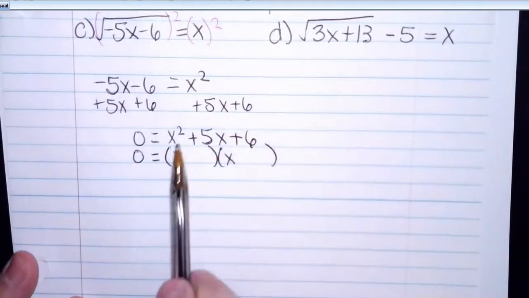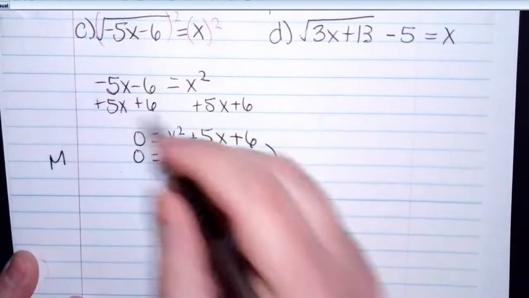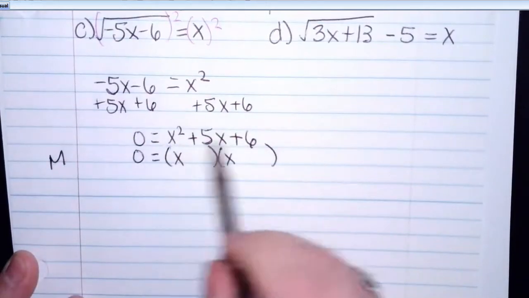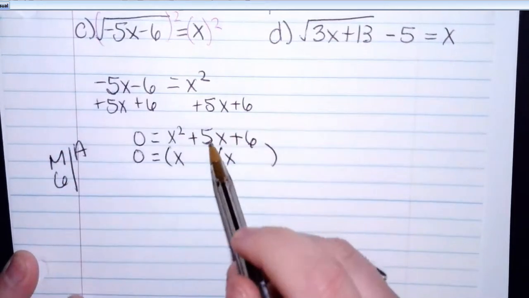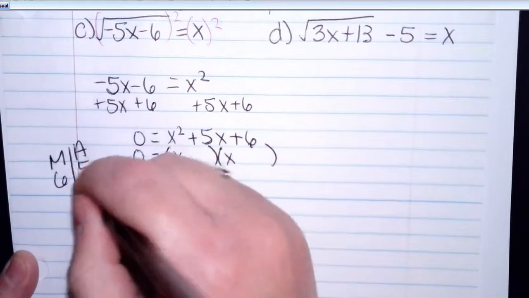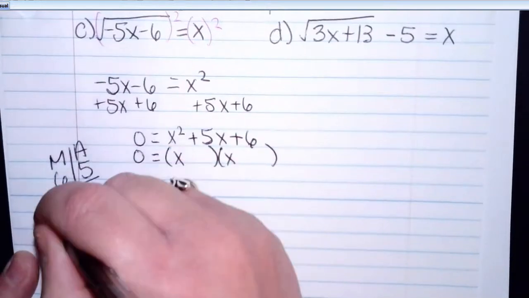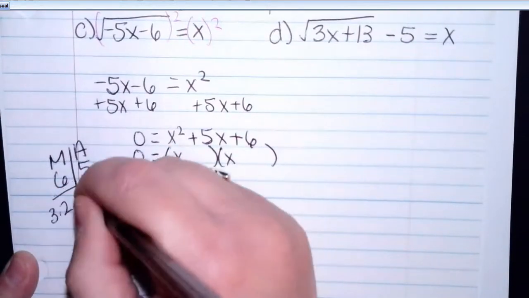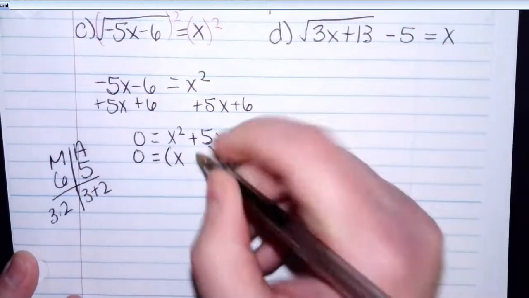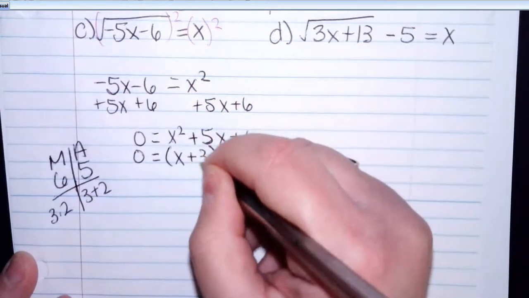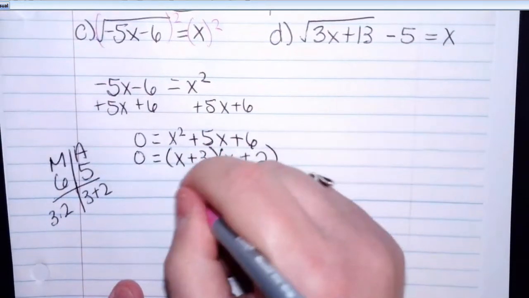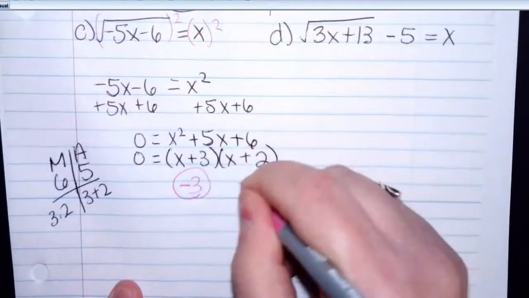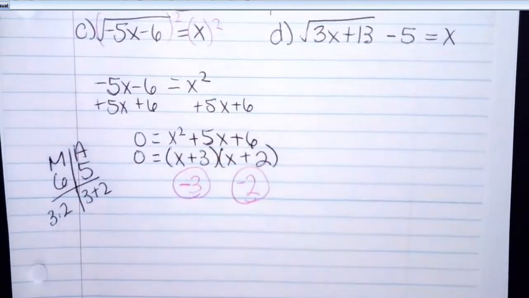All right, so I got to multiply, a times c would be 1 times 6, so I got to multiply to get 6, add to get the b value, which is going to be 5. Only 2 numbers that fit both of the requirements there, 3 times 2, 3 plus 2. So to fill these in, one's a plus 3, one's a plus 2. Totally doesn't matter the order. And my 2 potential answers here, negative 3, negative 2.